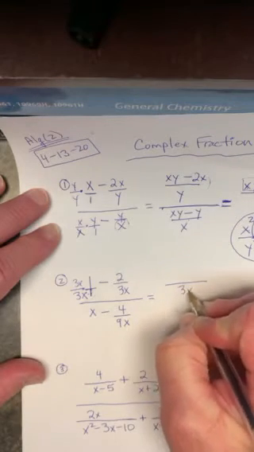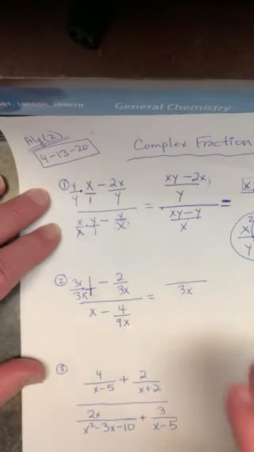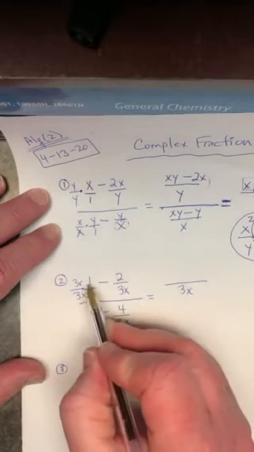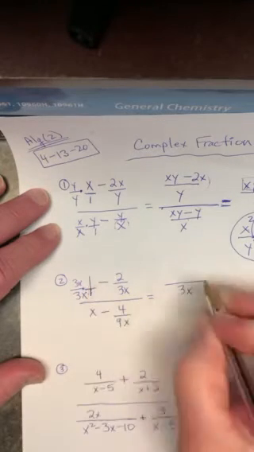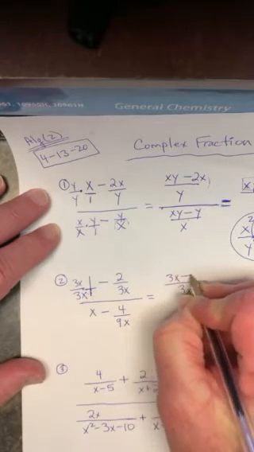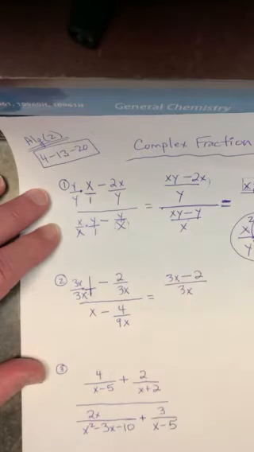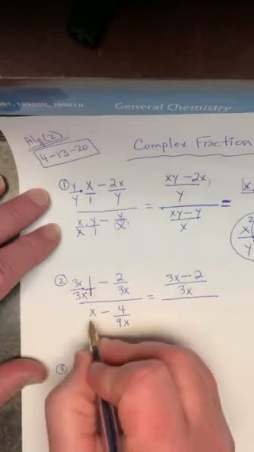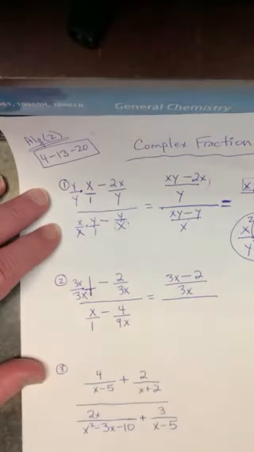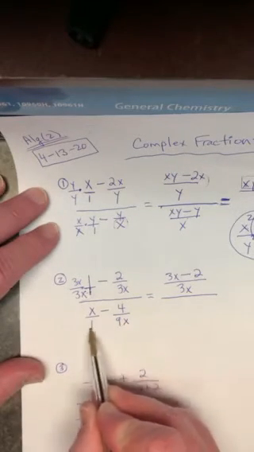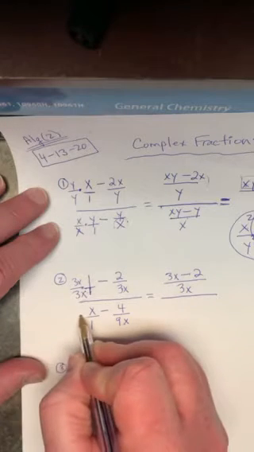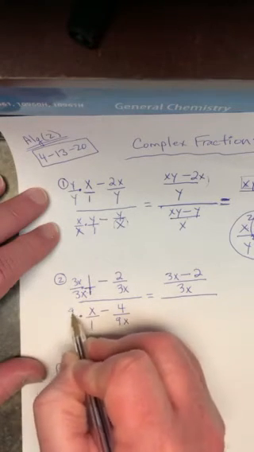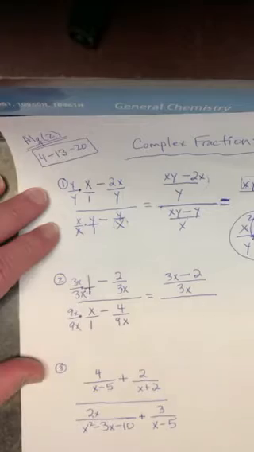My common denominator is 3x. And what's in my numerator? Well, if I take 3x times 1, that's 3x minus this other number 2. Down below the large fraction bar, this guy's understood to be over 1. I want to create a common denominator here, so I'm going to multiply this first fraction by 9x over 9x.